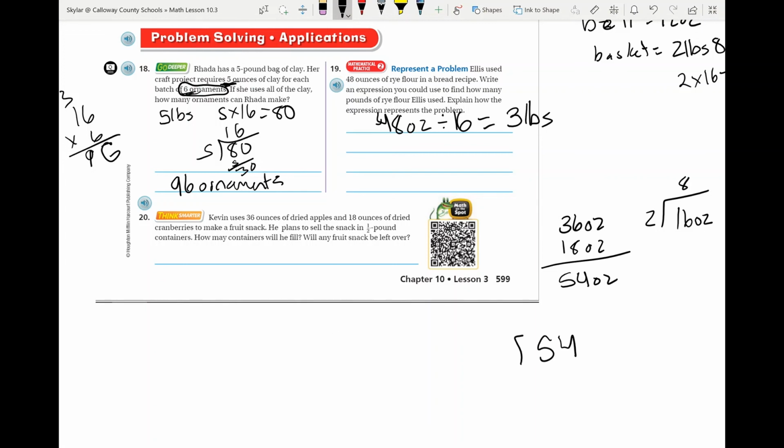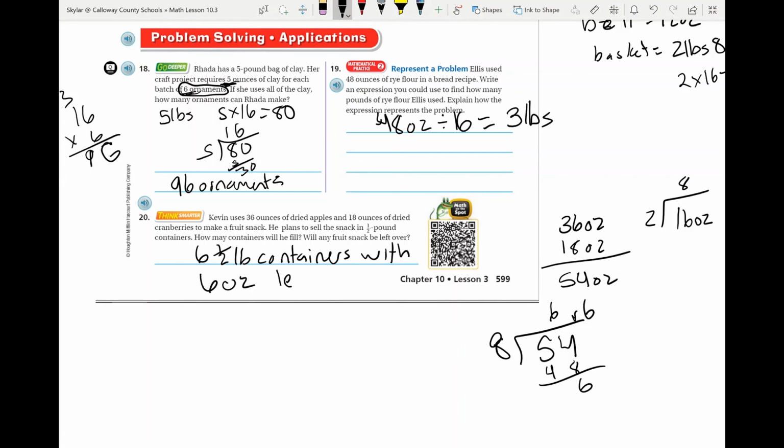So let's see how many 1/2 pound containers we're going to have. 8 will go into 54 6 times, with a remainder of 6. So they would have 6 1/2 pound containers with 6 ounces left over.